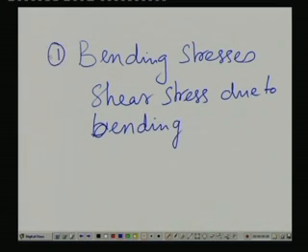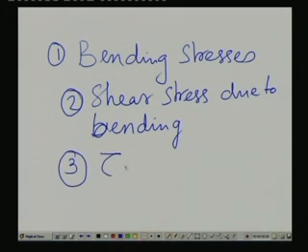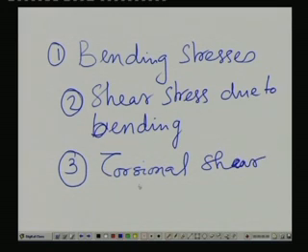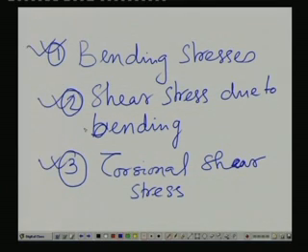This is number 1, this is number 2, and we have learnt about, I have written tau, anyway, this represents the shear stress, the torsional shear stress.